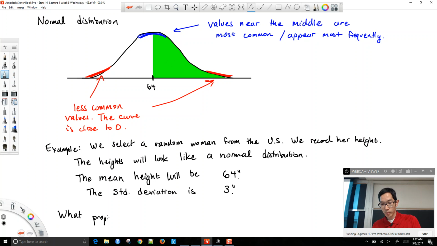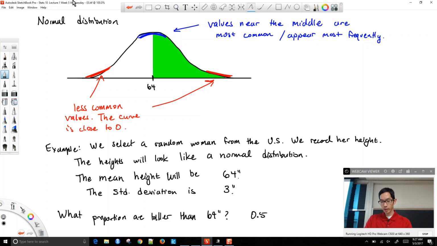What proportion are taller than 64 inches? 0.5, half. If the mean height of women in the United States is 64 inches, then about 50% of women are taller than 64 inches, if they indeed follow the normal distribution.